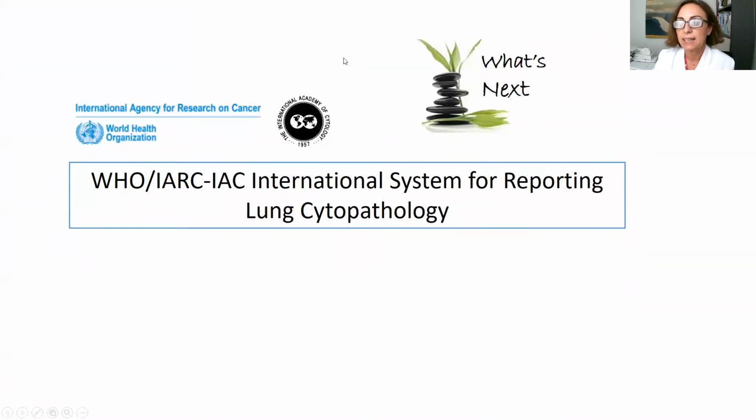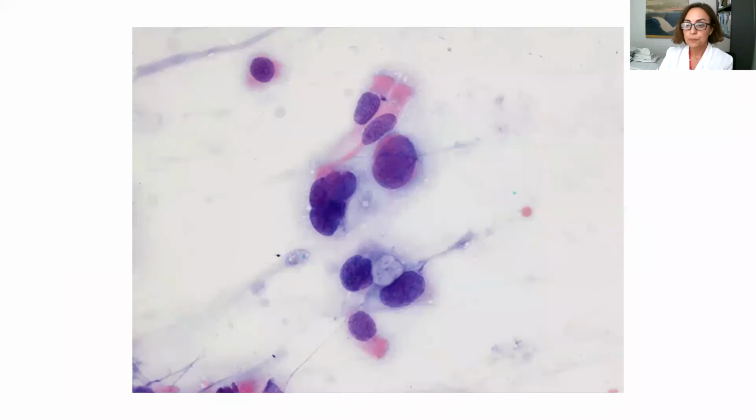But what is coming soon? The WHO, together with the International Agency for Research on Cancer and the International Academy of Cytology, is preparing an international system for reporting lung cytopathology that I think is coming up soon.